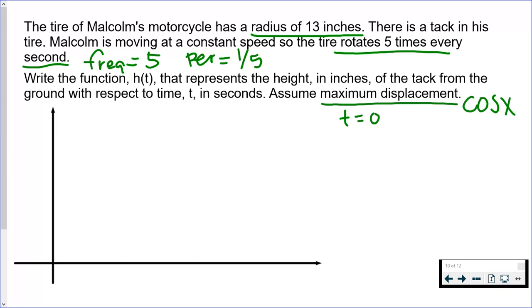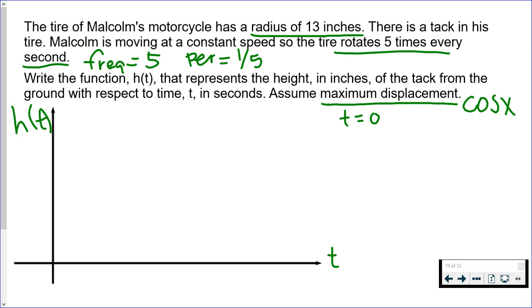Now, I'm going to draw a picture of this so you can get a sense of what this is going to look like. I've drawn an x-axis and a y-axis. I'm going to call the x-axis time, which is in seconds, and the y-axis is height. Now, we've got this tire with a radius of 13 inches.